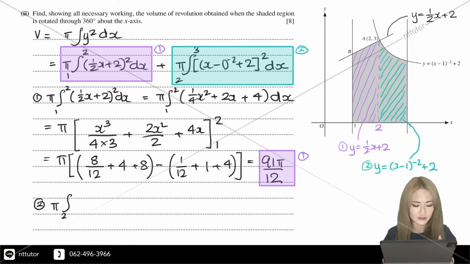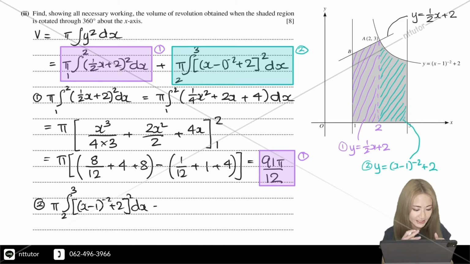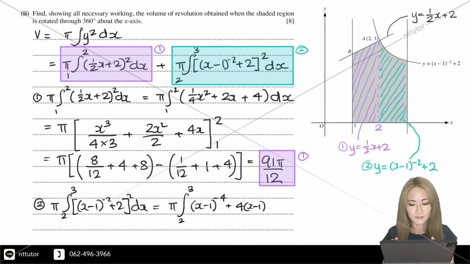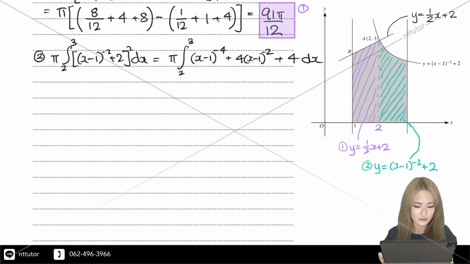Now we need to work out the second part. So first, if we expand the brackets, because it's squared, we should get this. So it turns into the integral of (x minus 1) to the power of minus 4 plus 4(x minus 1) to the power of minus 2 plus 4 dx. I'm going to separate that into two integrals, like this.